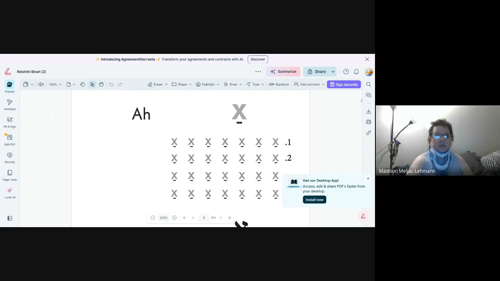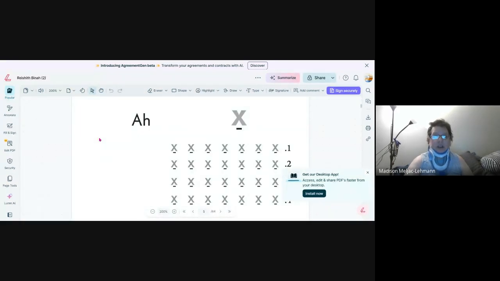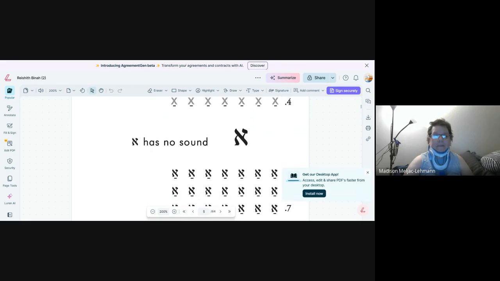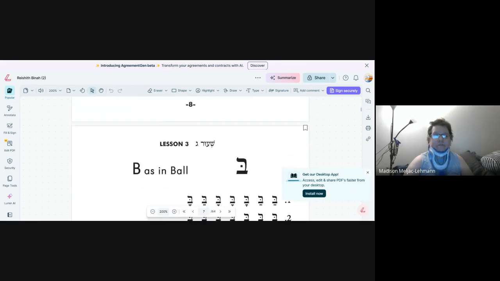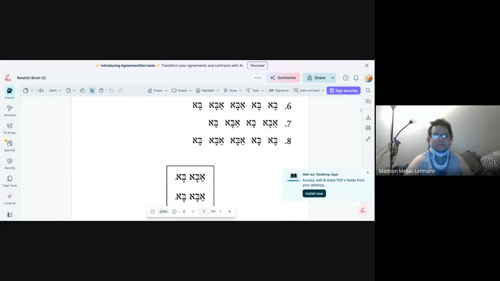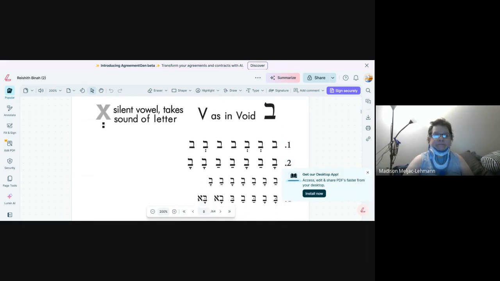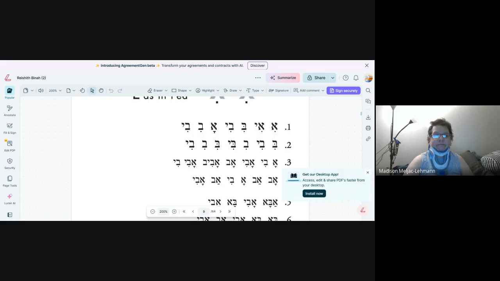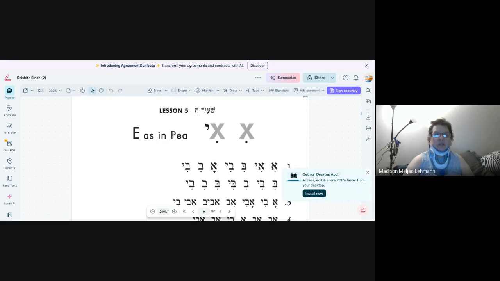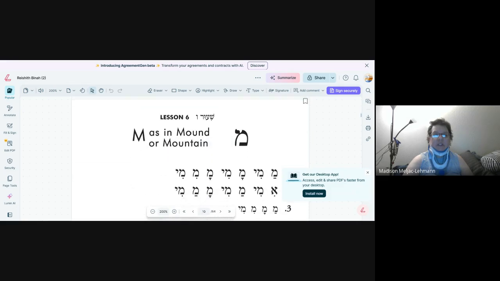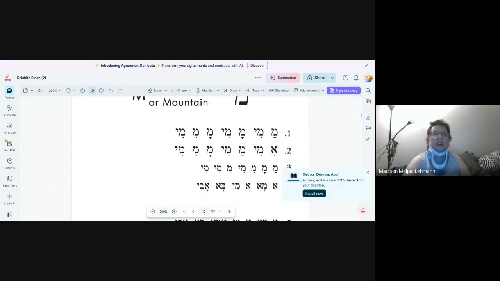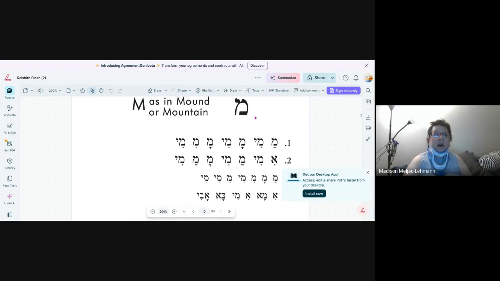Here we go. I'm trying to find a letter that we did, M. So here is a good practice. You can go to the mem as mound or mountain. We already know this letter. We've practiced it.